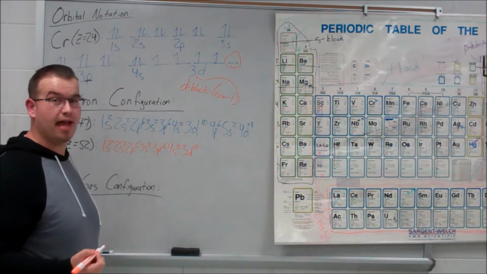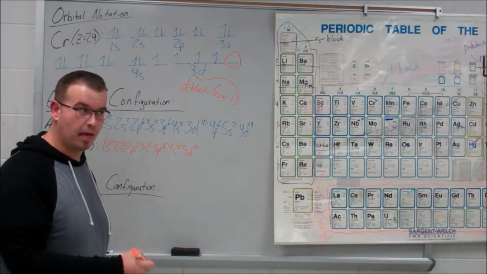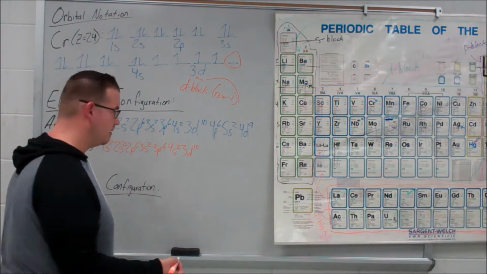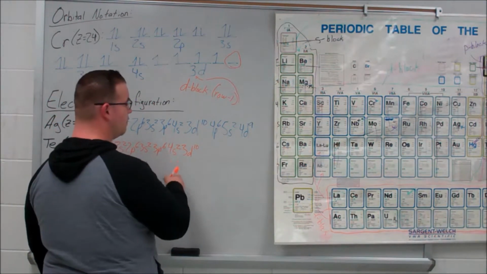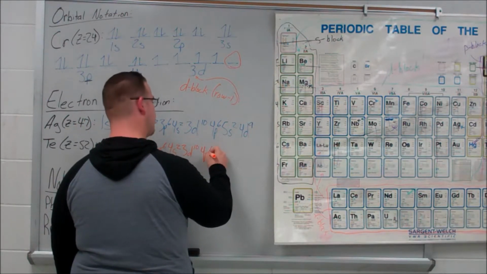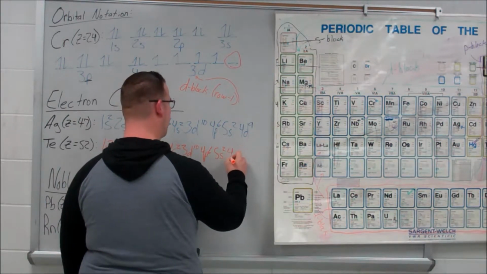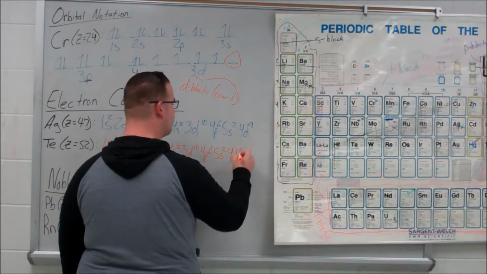If I'm going too fast, it's a video. You can stop it and press play again, and you can replay. So 4s is full, 3d is full, 4p, you guessed it, it's full. 5s is full. 4d, it's also full.